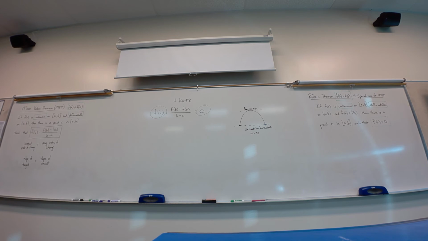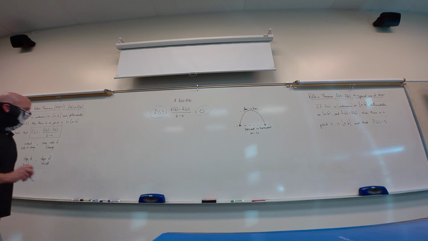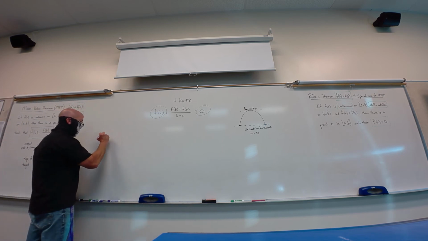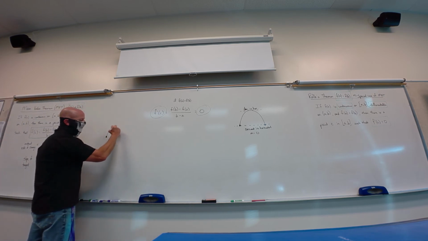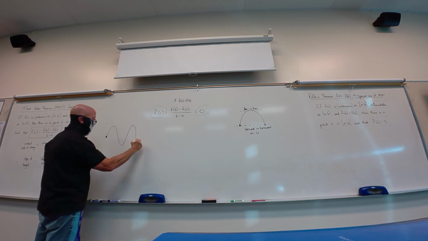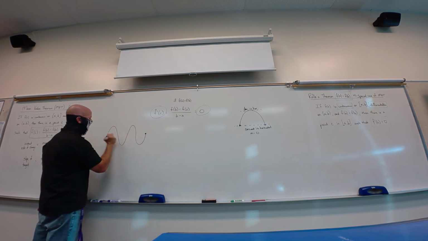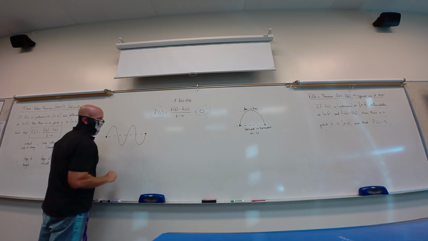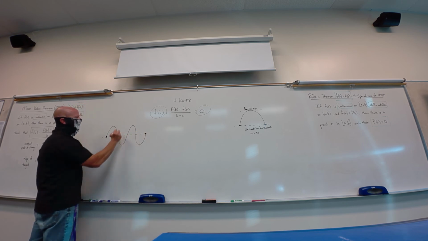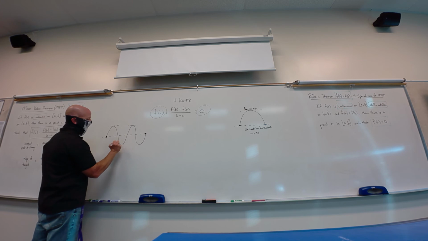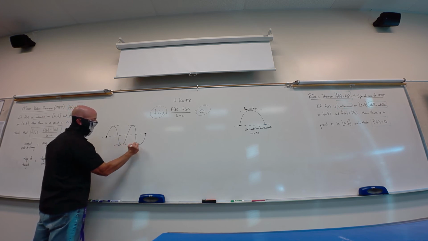So pretty much the same idea. And you've seen graphs where you could have more than one min or max where the slope of the tangent line is 0. So all it's saying is, if I have a function where somehow my endpoints are at the same y value, then there's got to be a c value, sometimes more than one, where the slope of the tangent line is 0.